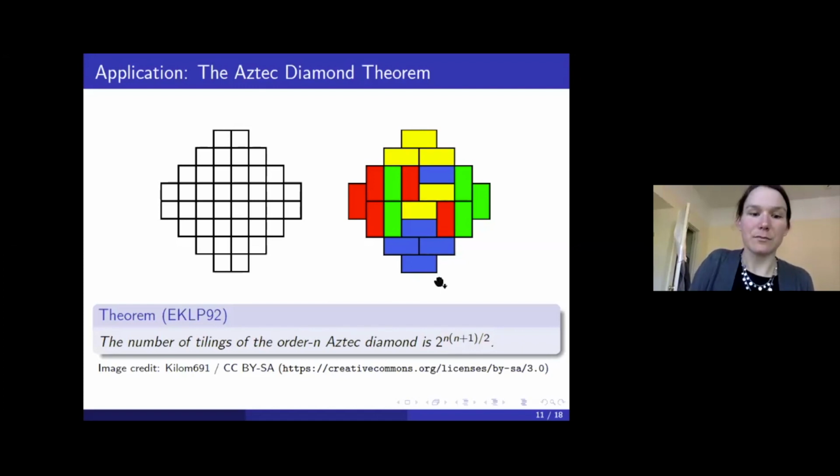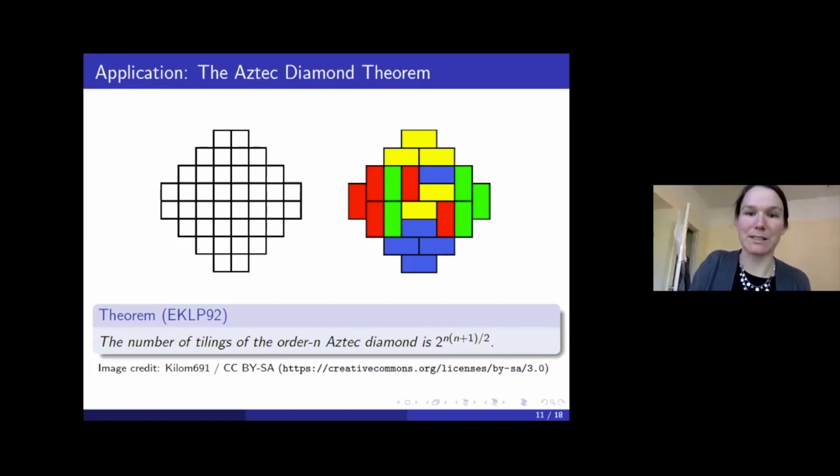And in 1992, Elkies, Kuperberg, Larsen, and Propp proved that the number of domino tilings of the order n Aztec diamond is 2 to the n times (n plus 1) over 2. And since then, there have been a bunch of proofs of this theorem, and Kuo proves it using his graphical condensation technique.